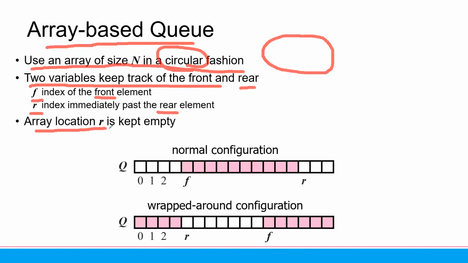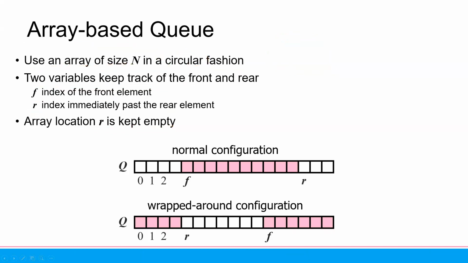Array location R is kept empty. So we can see this one is the front. This is the R and it will be empty. The pink color means the array has elements.